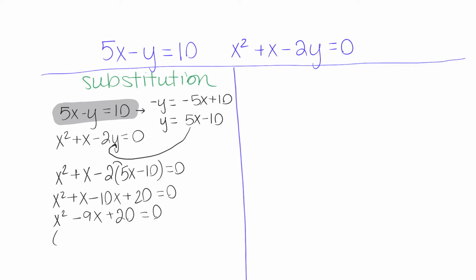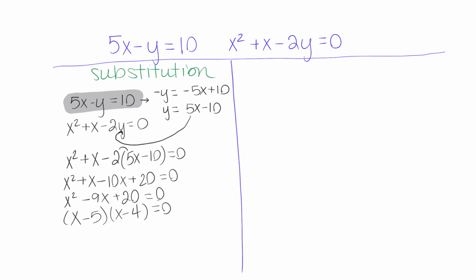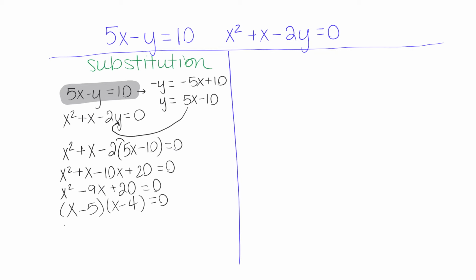If I factor that, I get x minus 5 times x minus 4 equals 0. That means x equals 5 and x equals 4. So this potentially has two solutions. That's good.